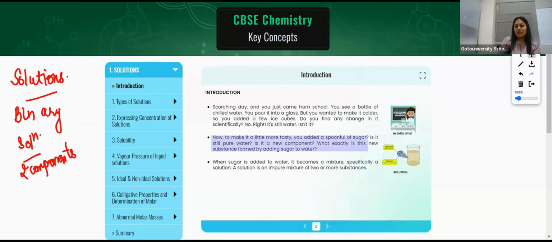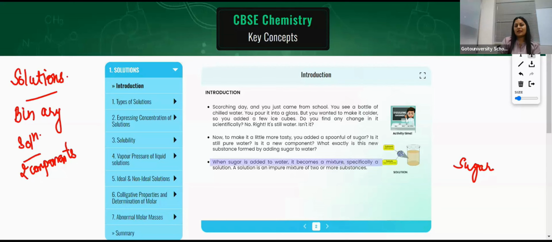Now to make it more tasty, you add a spoonful of sugar in it. Now, is it still pure water? No. Why? Because we have added a new component to it. And what is that component? Sugar. So what exactly is this substance formed by adding sugar to water?